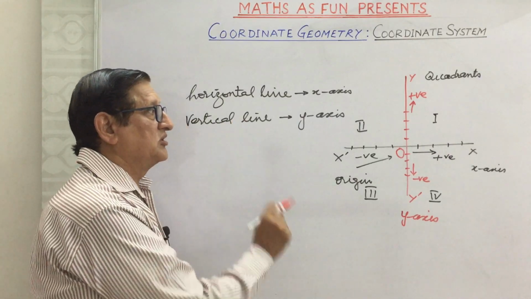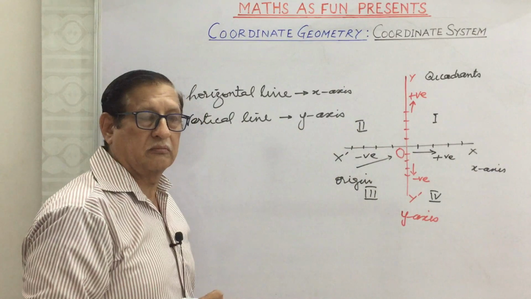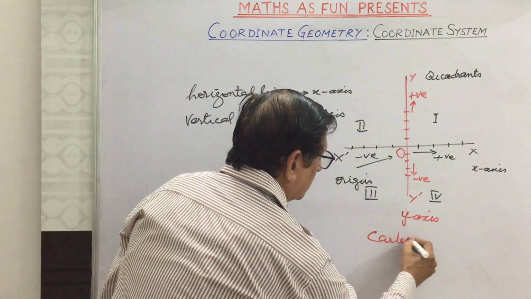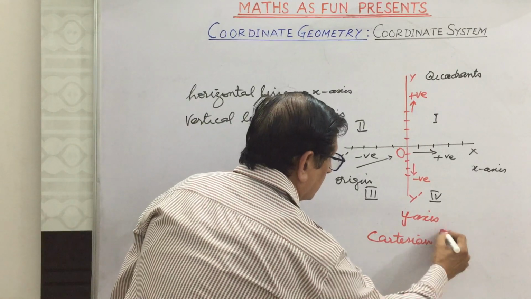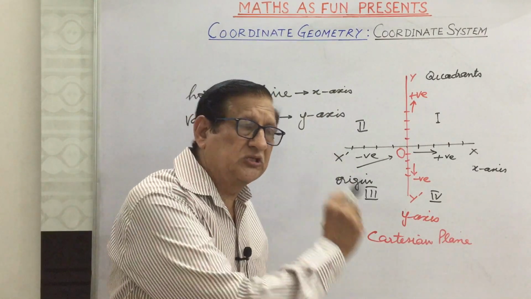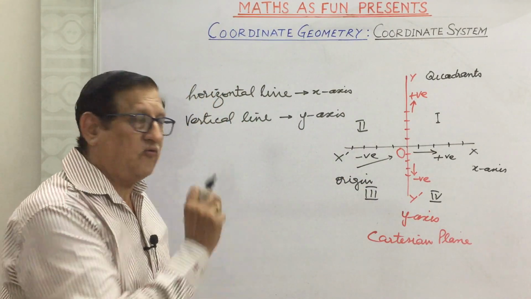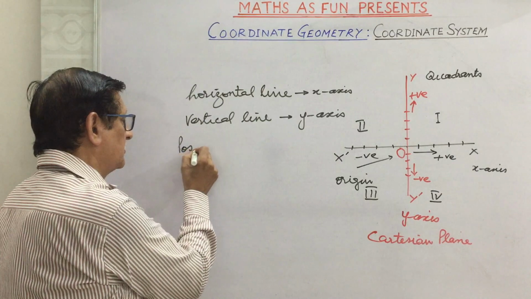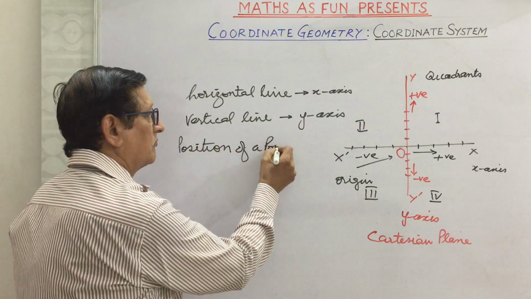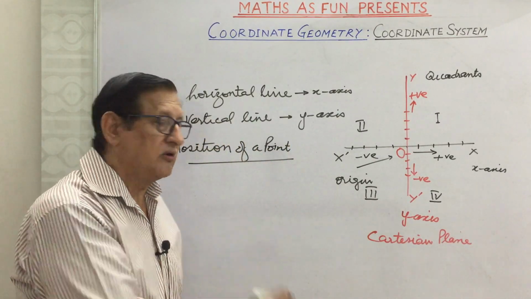To locate the position of any point in this plane, which is also known as the Cartesian plane, we need a pair of numbers.